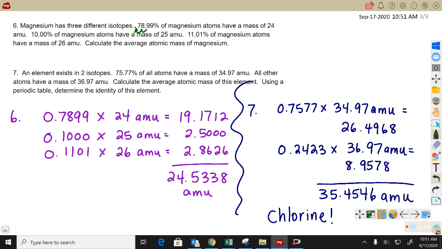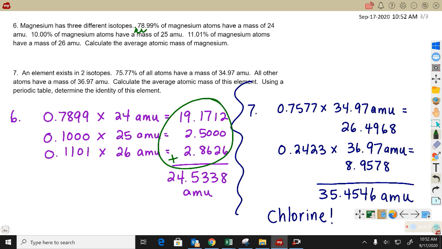And then you just do the same thing with all of them. 10% of the atoms are mass 25. So I just take 0.1 times 25. And 11.01% of the atoms are mass 26. 0.1101 times 26. When you get that far, then you're going to add these fractions.